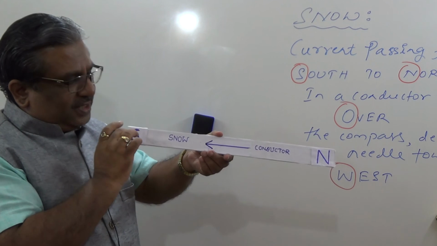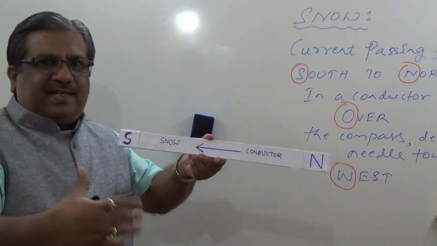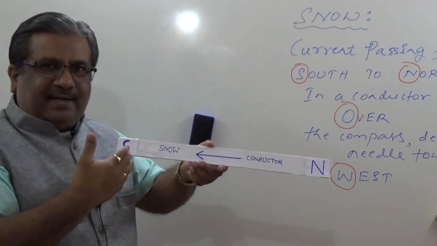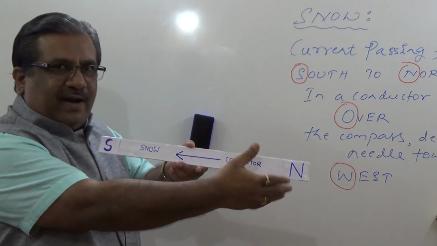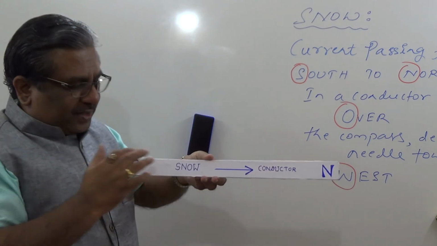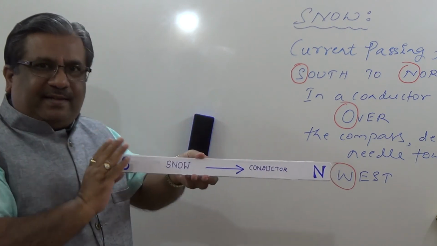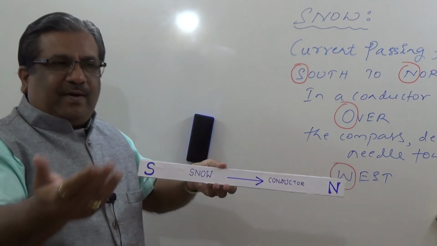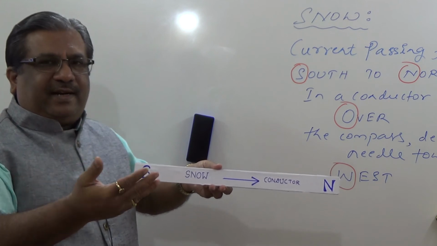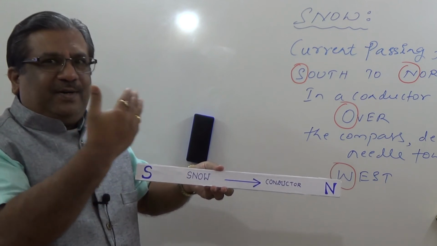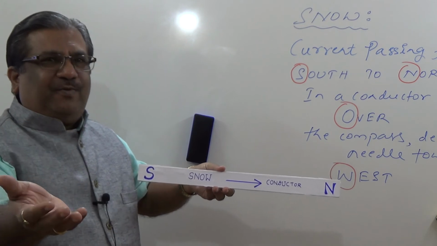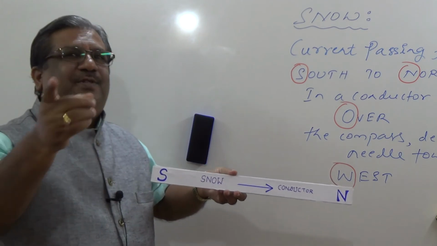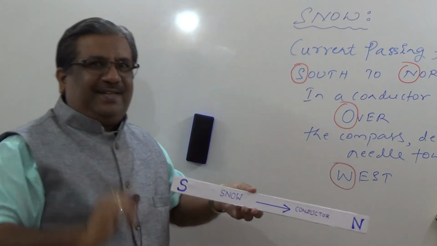These end terminals will be connected to a battery in such a way that I can make the current pass from this end to this end by connecting the positive terminal over here, or I can make the current pass from this end to this end by connecting this to the positive terminal of the battery and this to the negative terminal of the battery, because current flows in an external circuit from positive terminal to the negative terminal, whereas electrons move from negative terminal to the positive terminal. So the direction of the current is opposite to the flow of electrons. That also we have revised now for the time being.